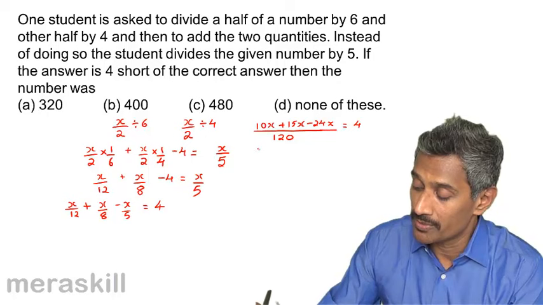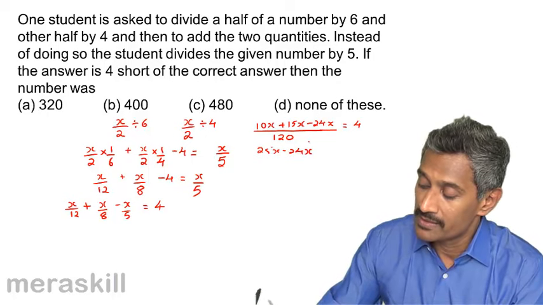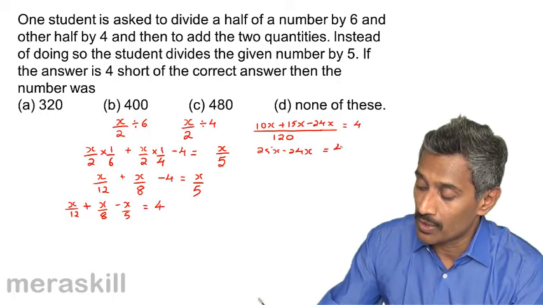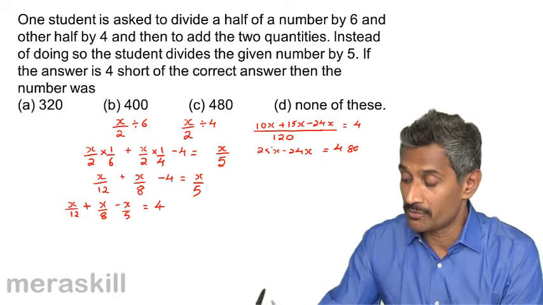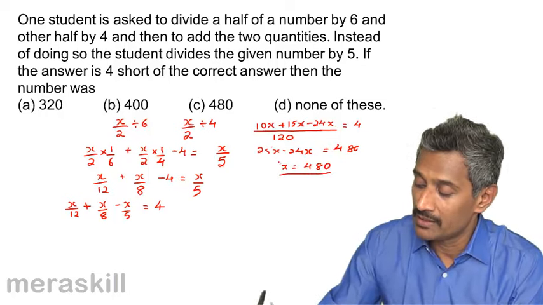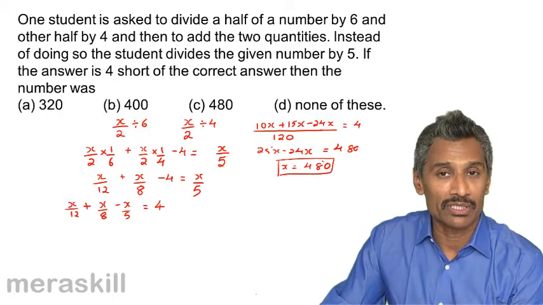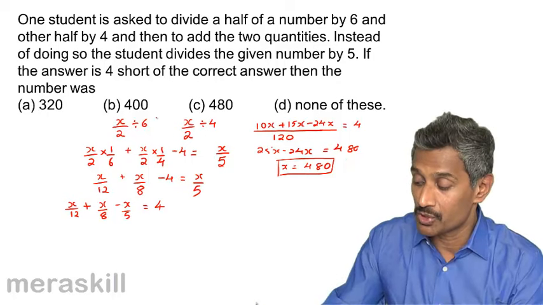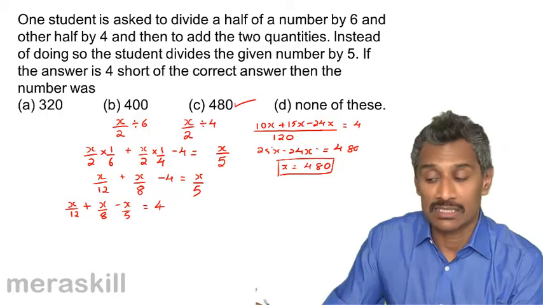So this turns out to be 25x minus 24x is equal to 120 into 4. I repeat, we take 120 only after making that a common denominator. So you get x as 480. In this kind of sum, it's better to form the equation and do it rather than substituting. So our correct number is 480.